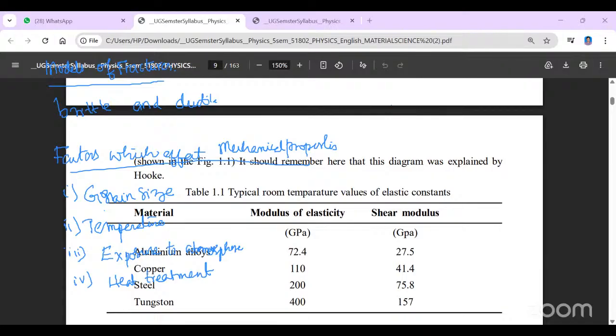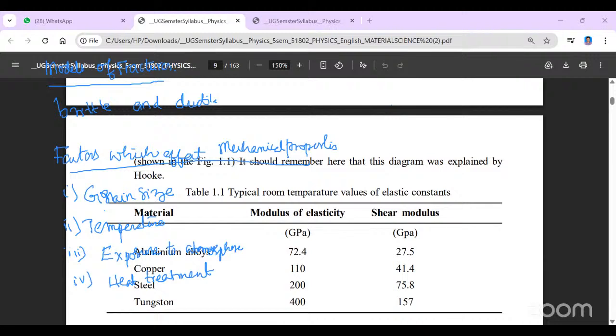Mechanical properties like ductility, hardness, tensile strength or internal stress, and modification of structure and grain size will also change.